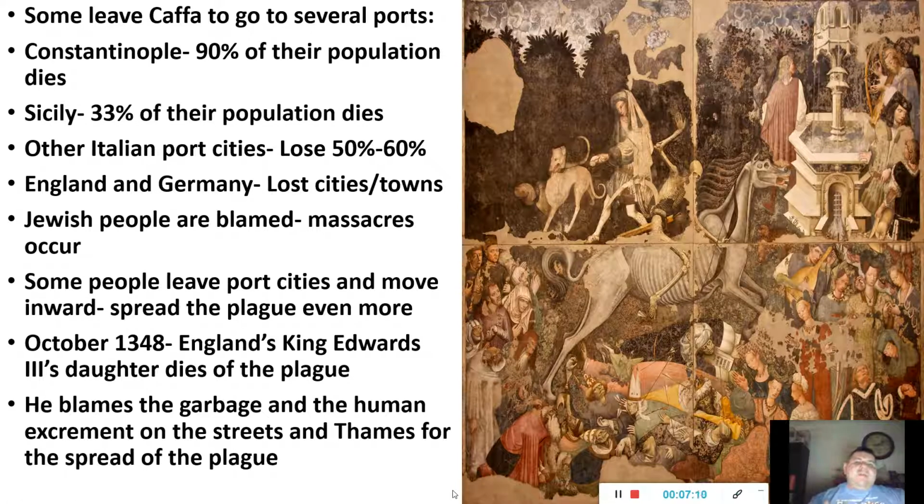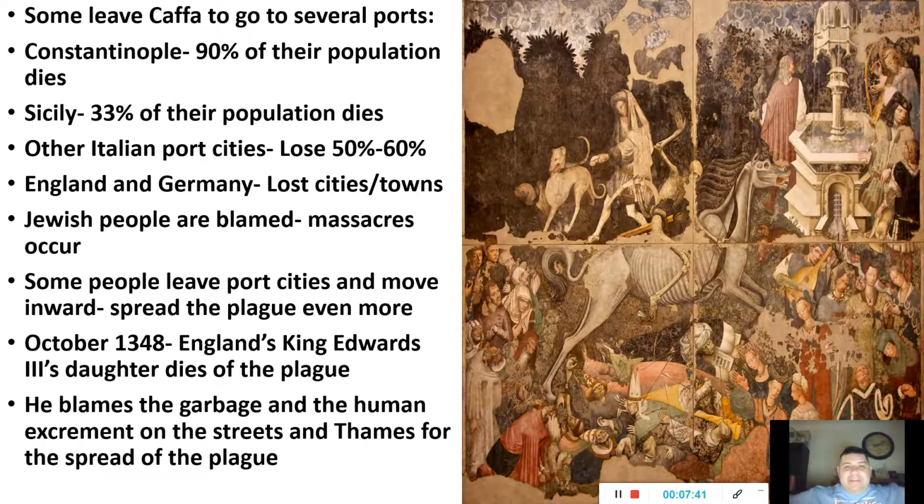All right. So the people who left Kaffa went to several ports. One of the places that they really went to was a place called Constantinople. Now, when those people came in to Constantinople, there were people who had the plague, and they died, and they spread the plague. 90% of the population of Constantinople died.